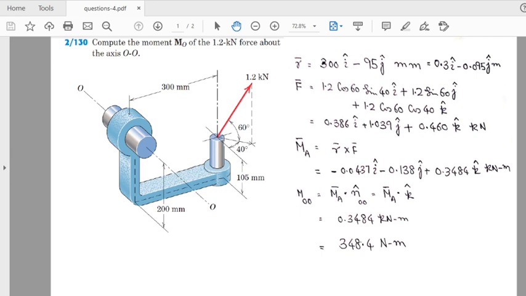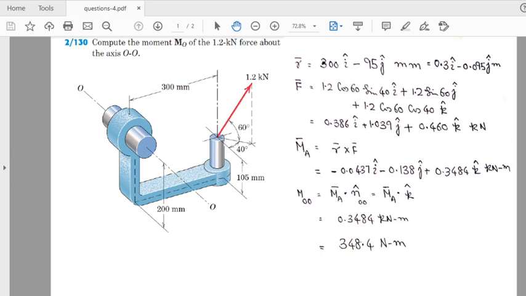The one point is given to us, all the dimensions are given to us for that point, which is the base of this cylindrical portion on which the 1.2 kilonewton force is applied.